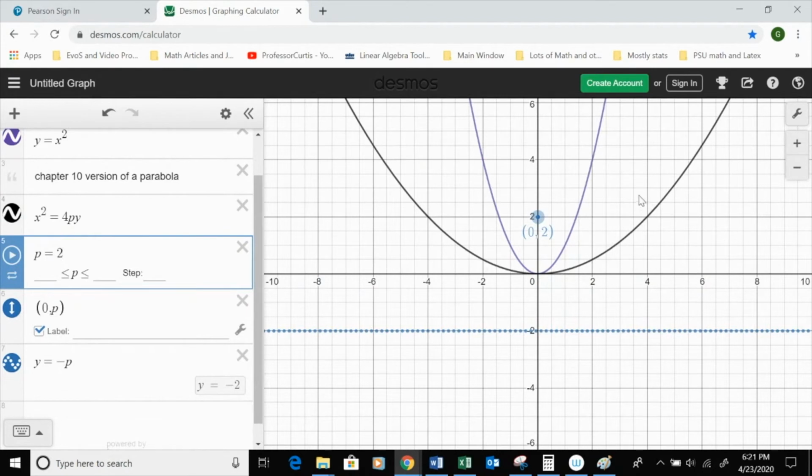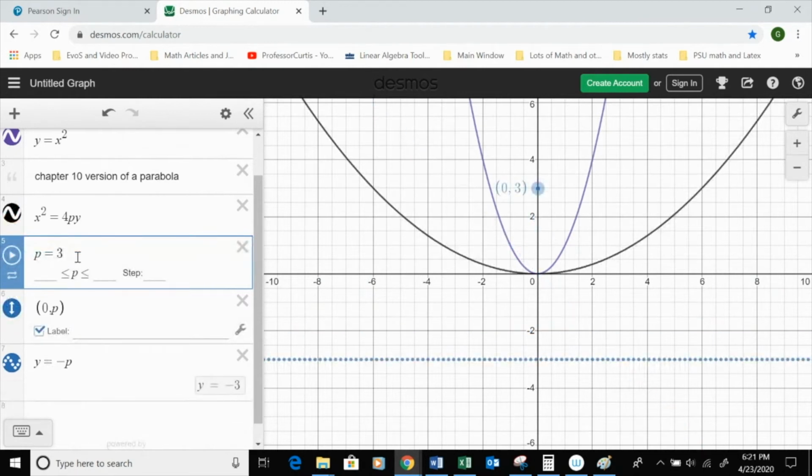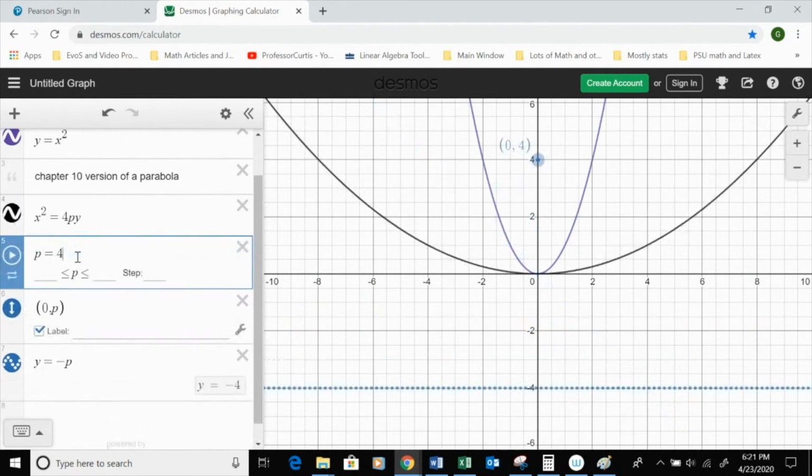Oh, well, hey, it's flatter. I think I told you if it was farther, it would be tighter, and I said that wrong. The farther away, the flatter it gets. The closer it is, the tighter it gets. And so here it is at 2, and it's flat. And if we were at 3, it's still flatter, and 4 is flatter still.